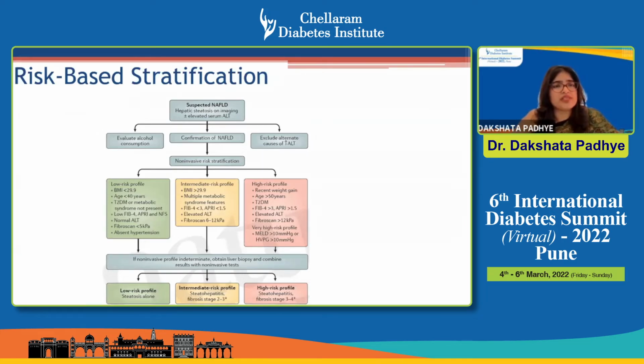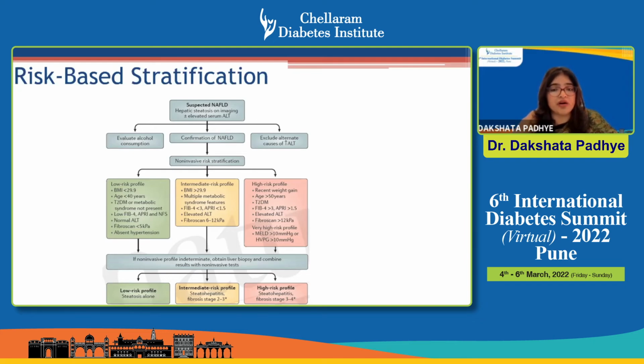So this is how we do risk-based stratification. I'm just going to read the values of FibroScan. If you see on the third level, below non-invasive risk stratification, second last line, if FibroScan is less than 5 kilopascals, there is no evidence of NASH. If the stiffness value is between 6 to 12, this patient falls in the intermediate risk profile, steatohepatitis, and the patient may already be at stage 2 or 3 fibrosis.